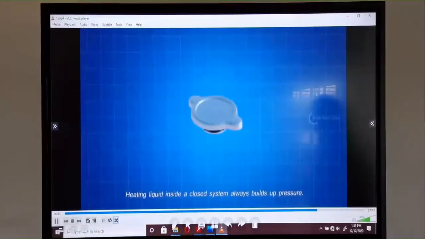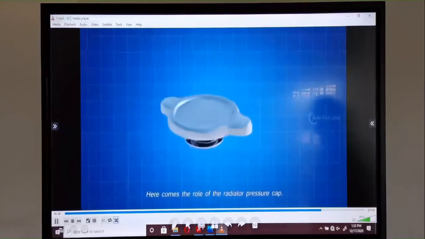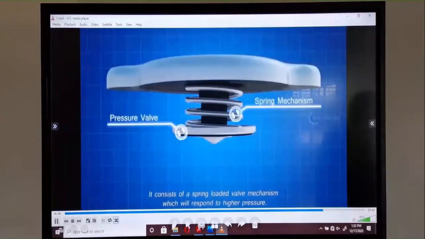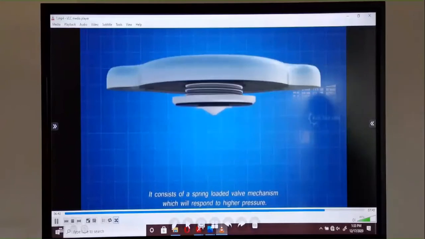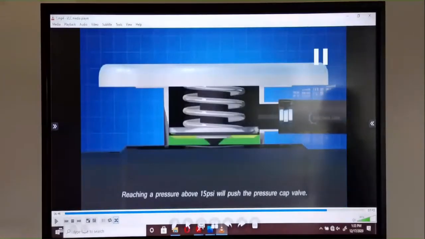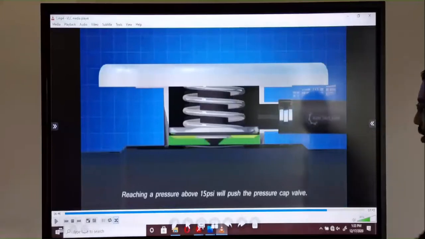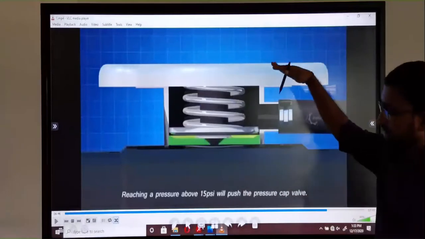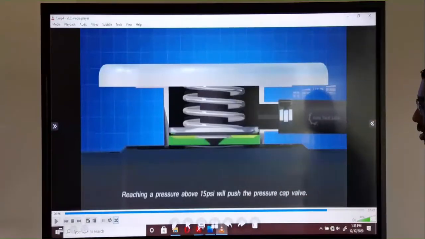On the upper side of the radiator, there is a cap. It is called the pressure cap. Here a spring mechanism is used. What is the use of this pressure cap? It is on the upper surface of the radiator.